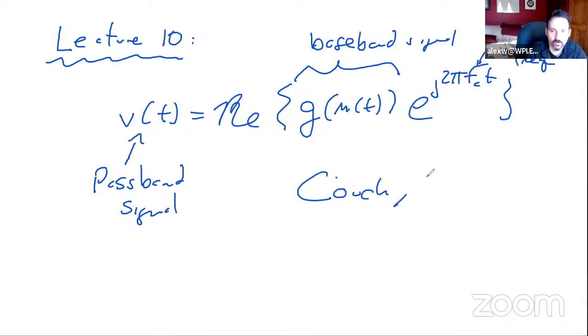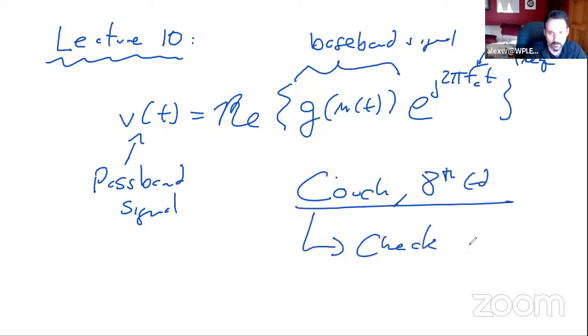Couch, 8th edition, is our course textbook. Check out Table 4.1, because this table talks about the various modulation schemes and the mapping between, let's say, m(t) and specifically g(t), the result.